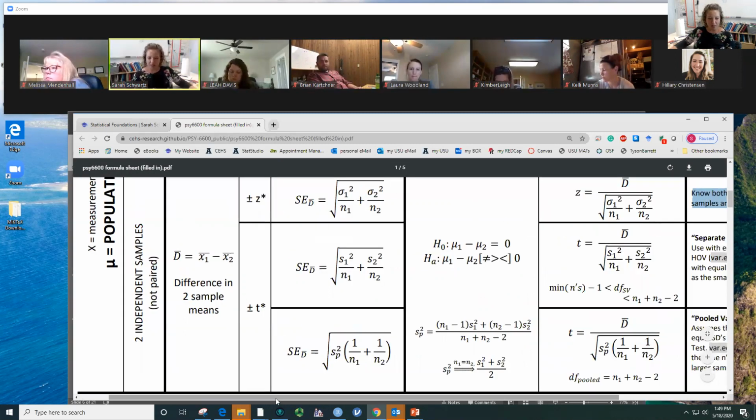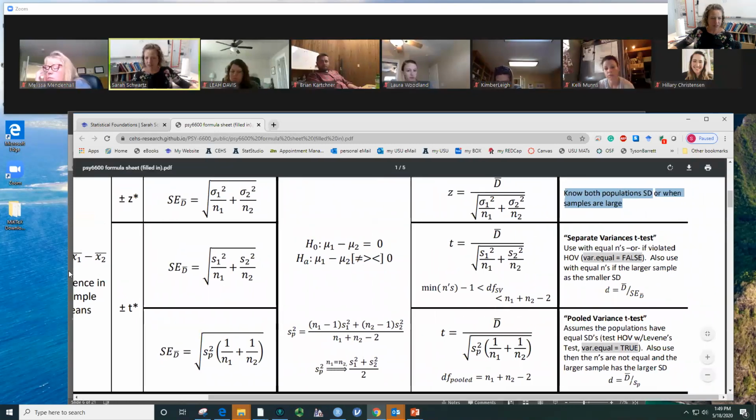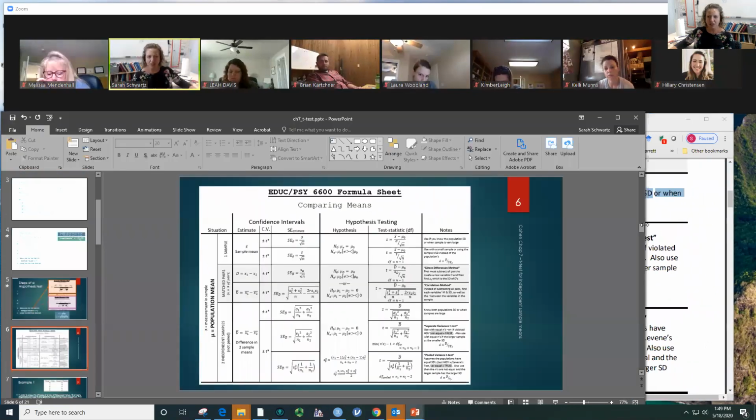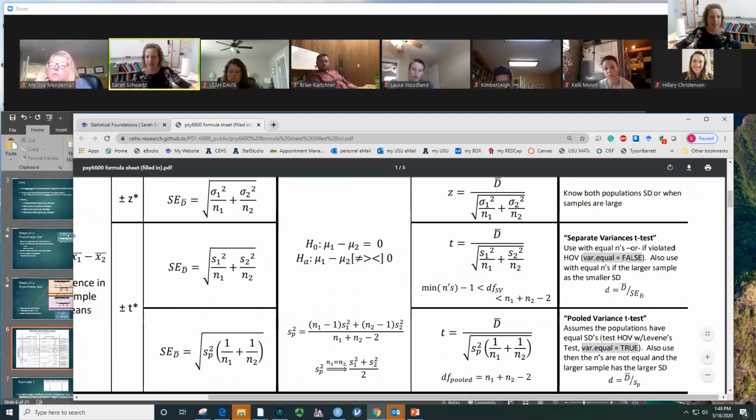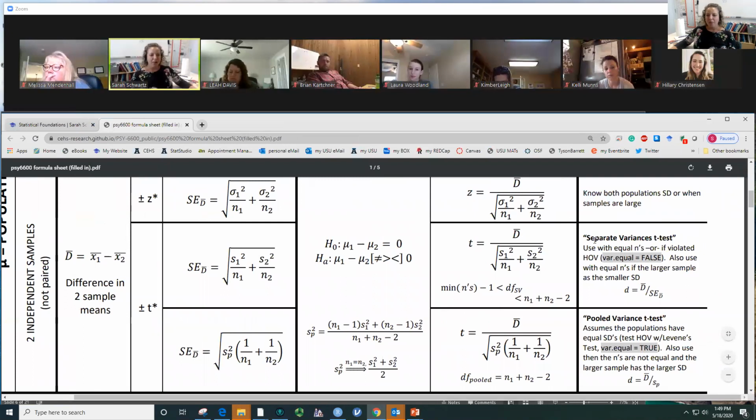Now, I said there were two different flavors or kinds of t-tests. So over here, let's look at the notes. The separate variance test is appropriate when you have equal, what does little n mean?